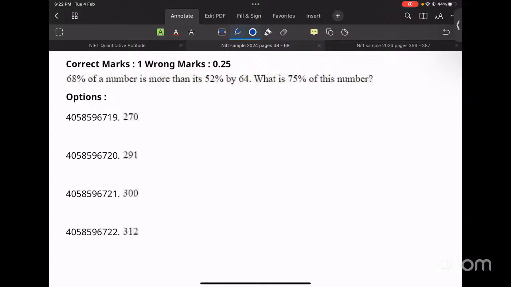See, we are seeing this percentage symbol in different questions, which means the concept of percentage is very useful in these chapters. So be clear in percentage things. 68% of a number is more than its 52% by 64. What is 75% of this number?